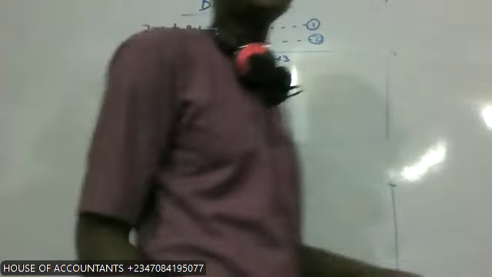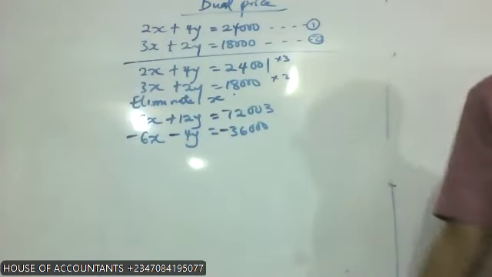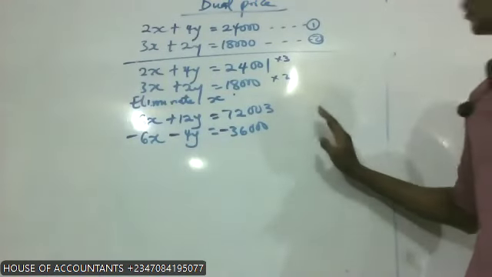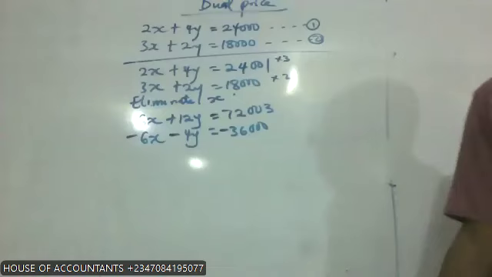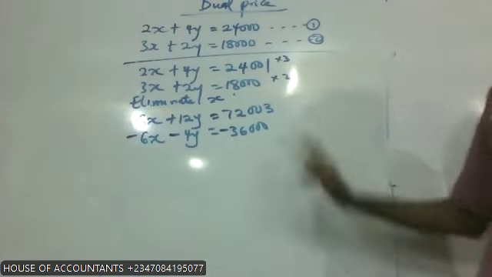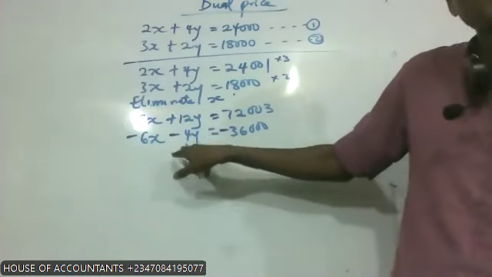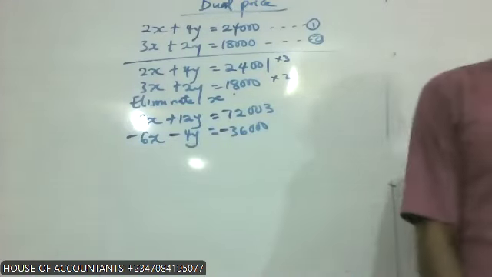Okay, is there any issue with it? I said the rule is that one must be positive, one must be negative. And to make the other one negative, you multiply everything by negative. Assuming this one was negative before and you multiply it by negative, it returns to plus. Do we understand that now?